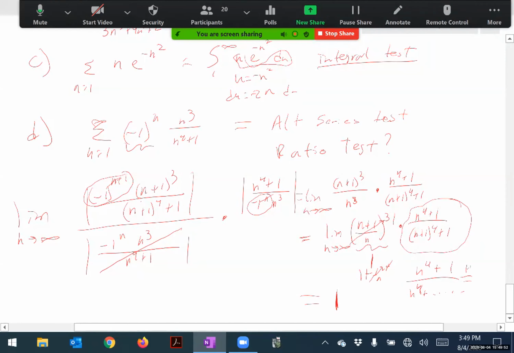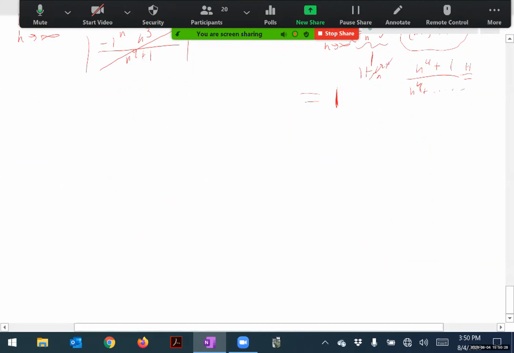Because if we took L'Hopital's rule repeatedly on this thing, it would eventually go to 1, because I'd get the exact same power on the top as the bottom. So this thing goes to 1, which kind of sucks, because the ratio test is inconclusive. So we cannot use a ratio test there. Alternating series test. Oh, nice. That's cool on that one.